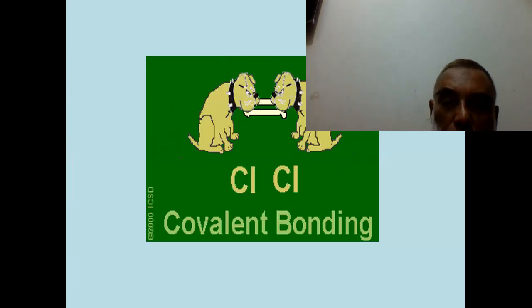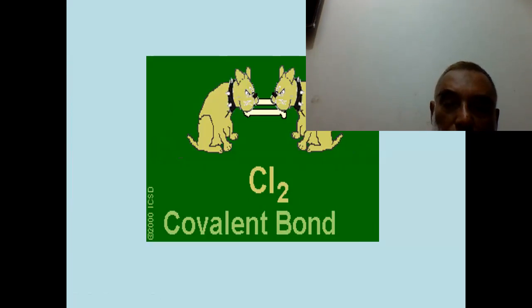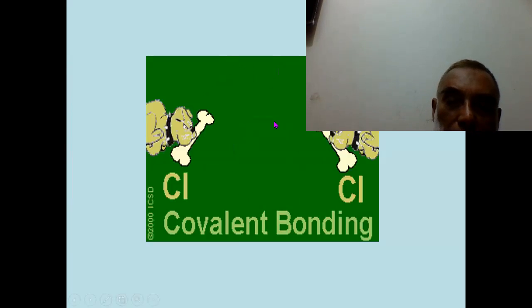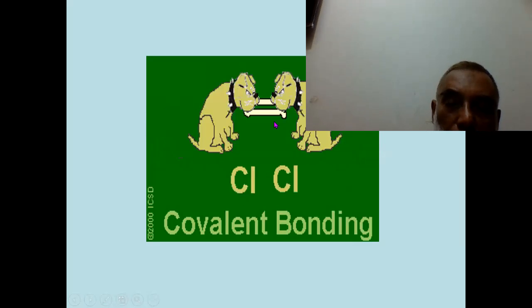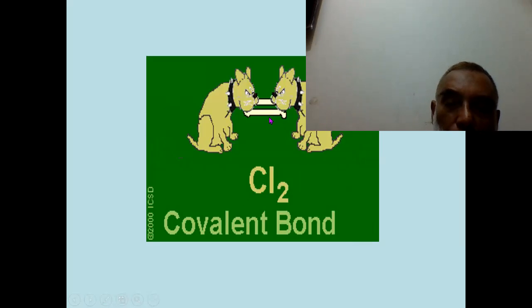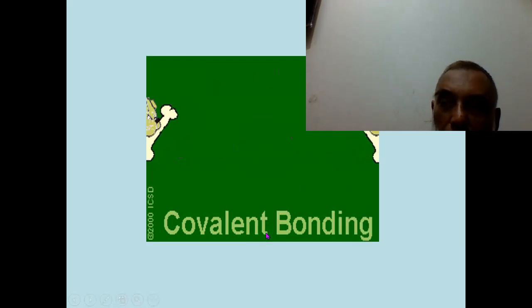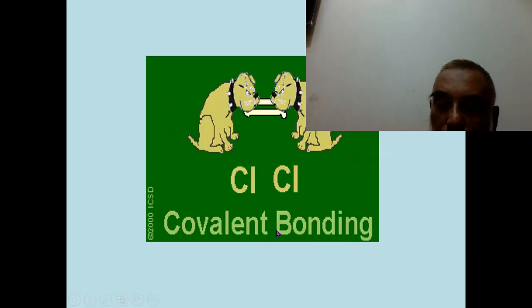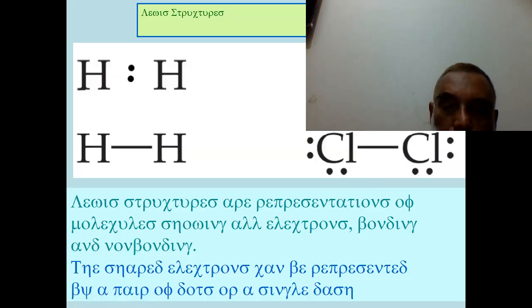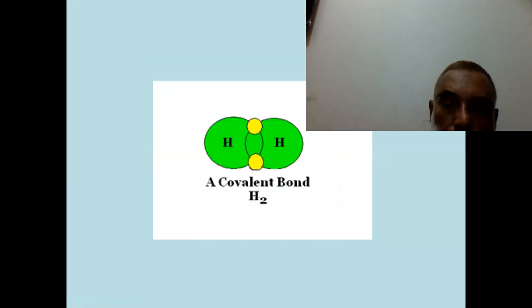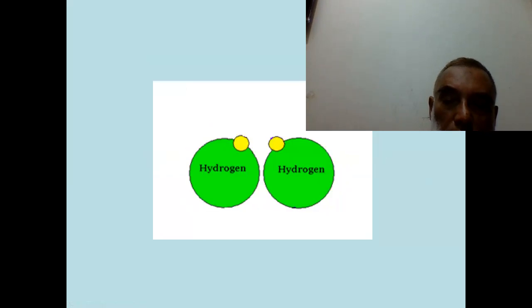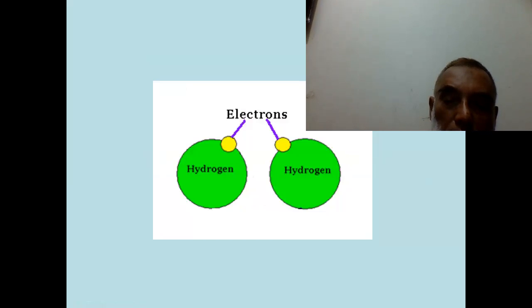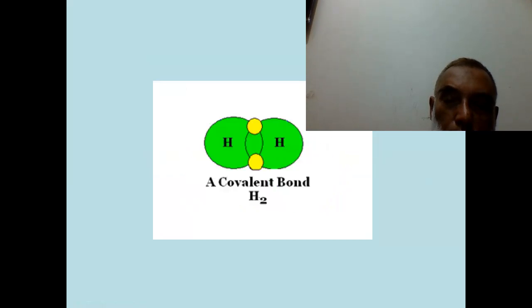In case of your covalent bond, both are of equal energy, equally greedy, and they are taking share of these two bonds equally. And thus, chlorine is showing the example of covalent bond. Between two hydrogens, it is electron sharing, they are forming a covalent bond.